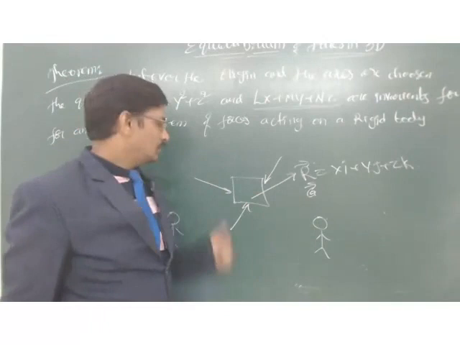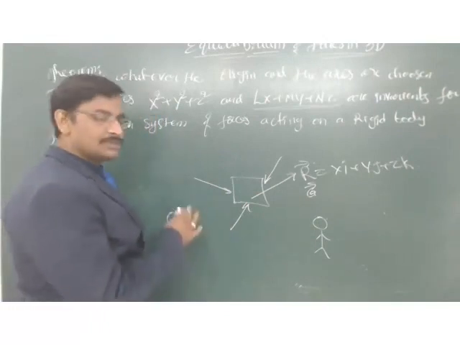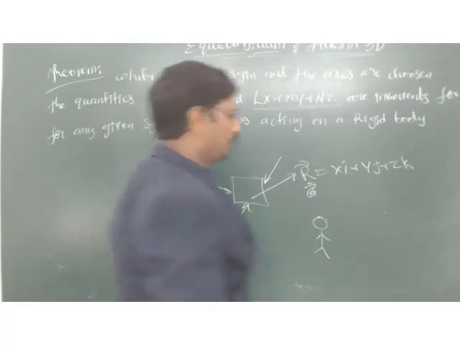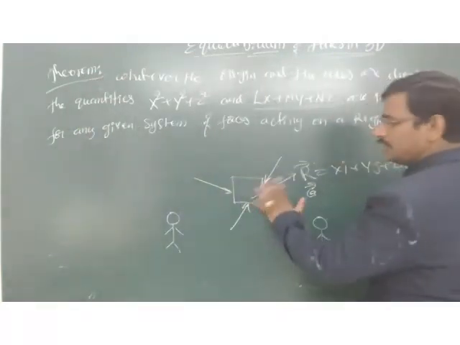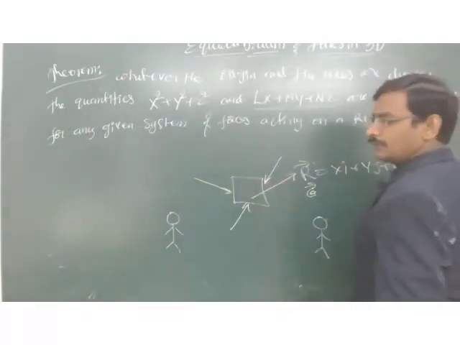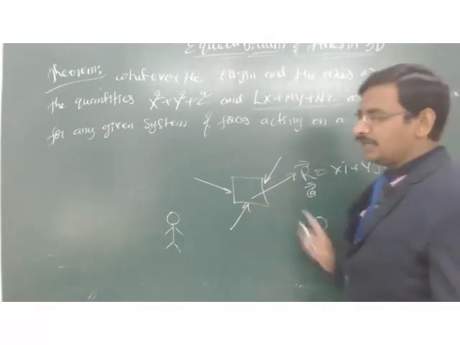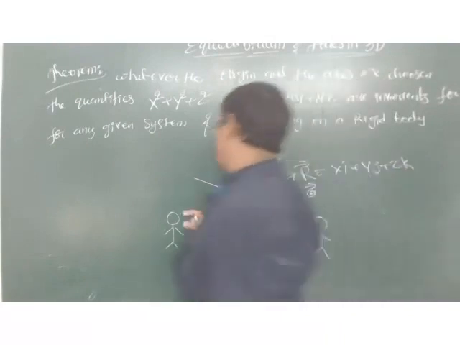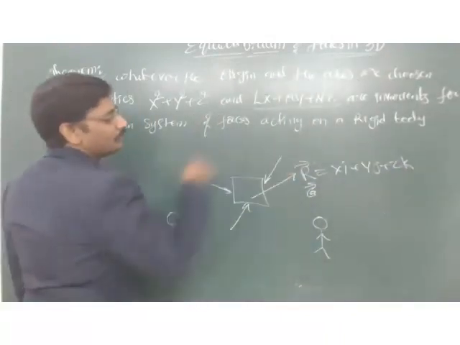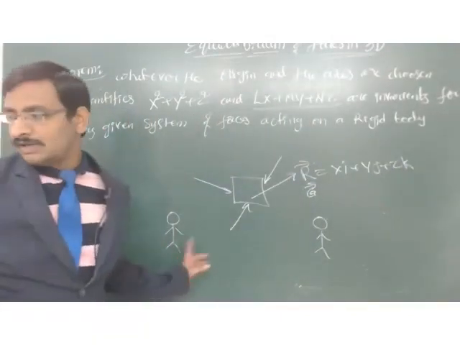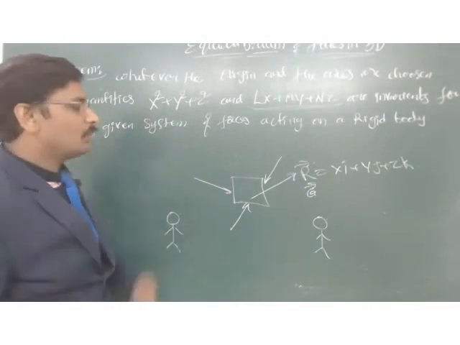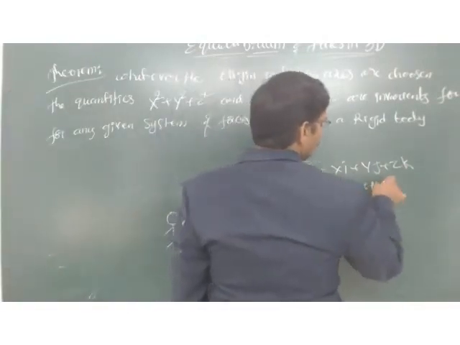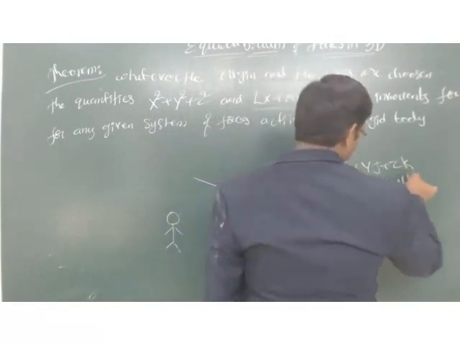Got it or not? Suppose I am standing like this, this body is to the right of me. Suppose I am standing here, this body is to the left of me. That means the way we interpret the rotation is different. So that's why the moment will be different in both the cases, here versus here. And that moment value G is equal to Li plus Mj plus Nk.